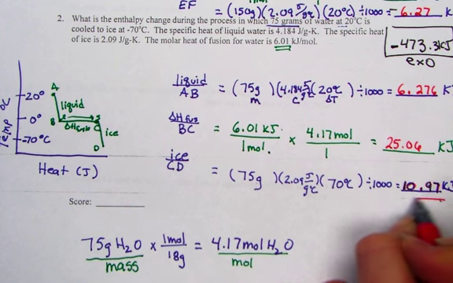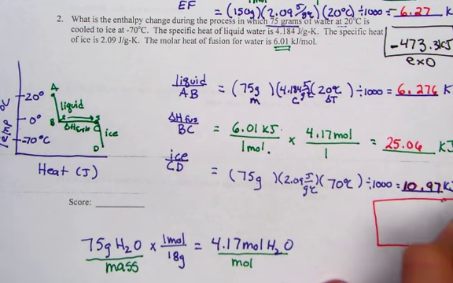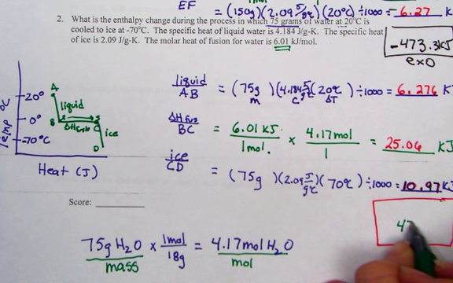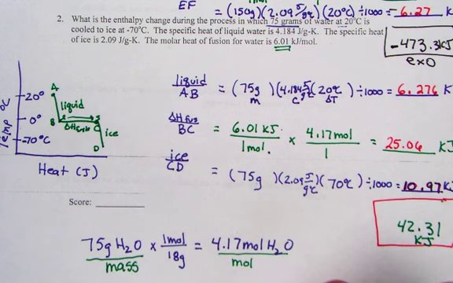The last thing we'll need to do is to sum the 3 line segments. 6.276 plus 25.06 plus 10.97. This value is 42.306, I'll round 42.31 kilojoules.